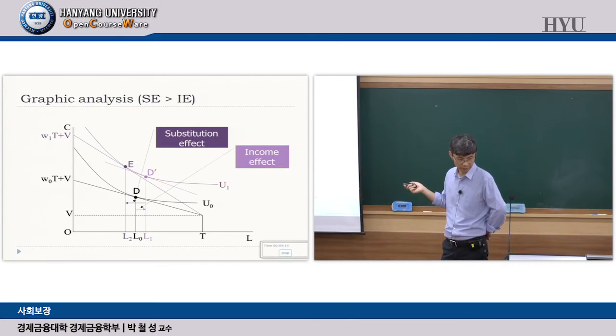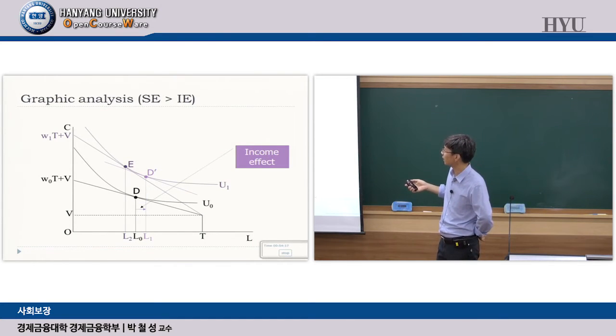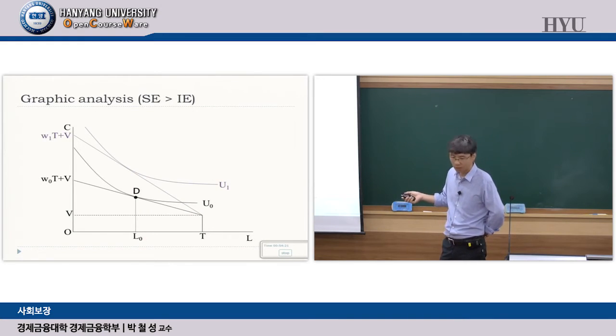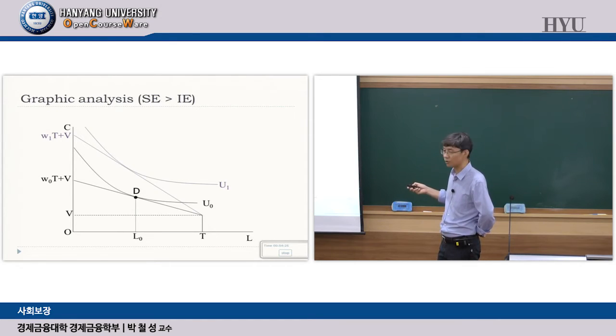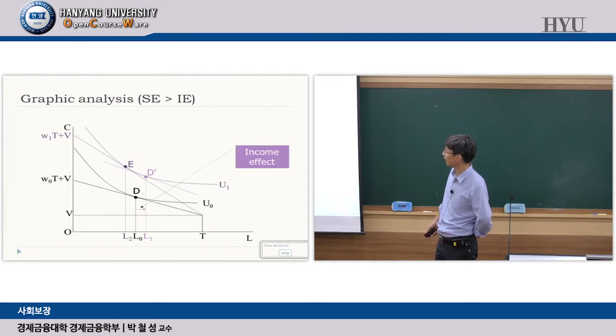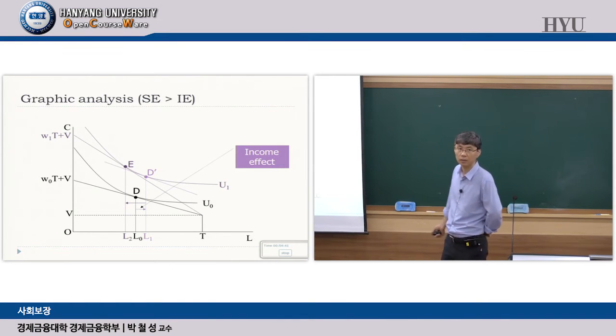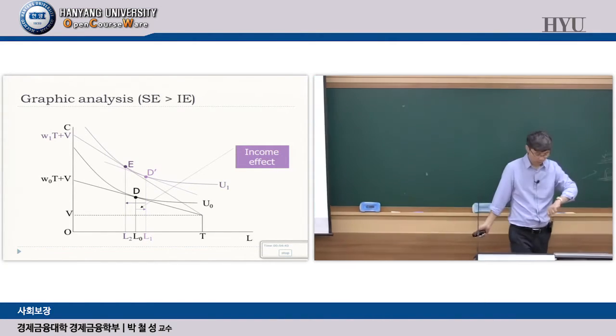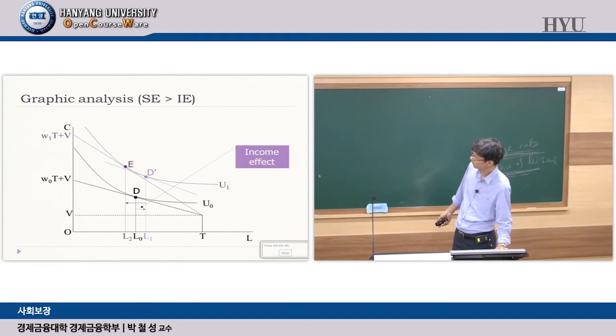What we do is draw a hypothetical budget line that is parallel to the old budget line, but touches the new indifference curve. So we show the income effect first, and then the rest we call the substitution effect. Obviously here the substitution effect is bigger than the income effect.